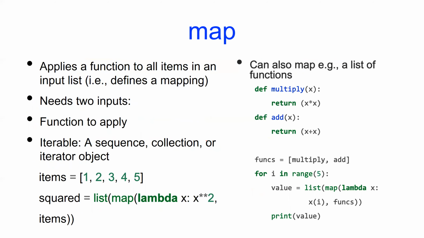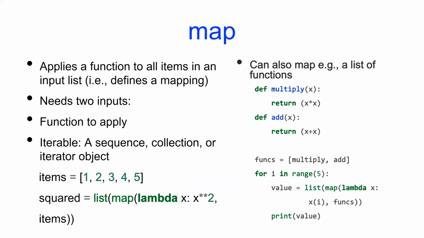Map. This is a similar concept to filter, but filter is very simple. You just drop things you don't like, or that don't pass your filter. And map says I have a particular operation and I want to apply it to each element in my iterable. Okay.